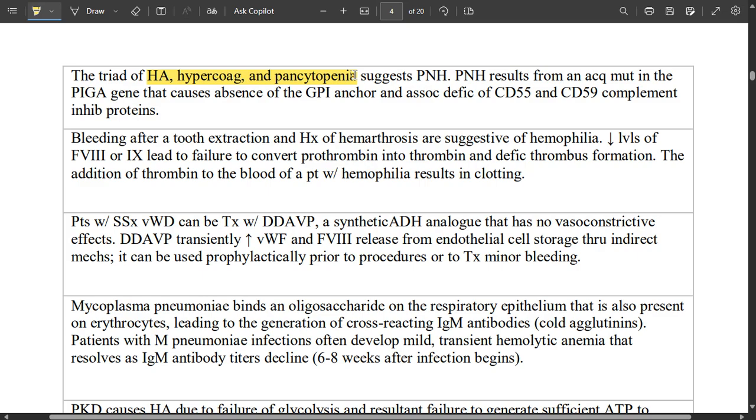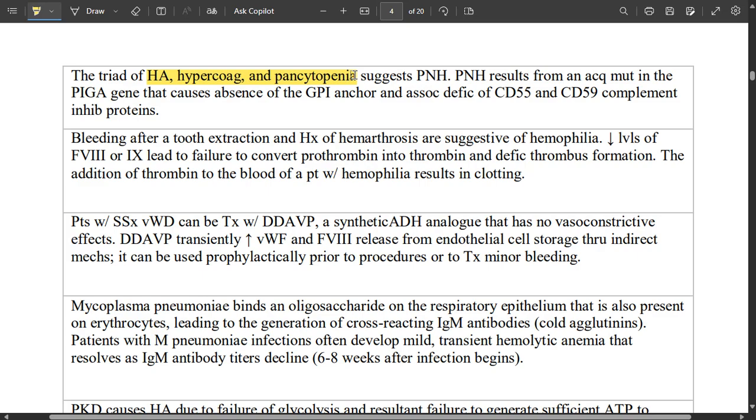In paroxysmal nocturnal hemoglobinuria, there is undue activation of the complement proteins. Why? Because the activation of complement proteins is normally inhibited. A normal cell has something called CD55 and CD59 on its surface.